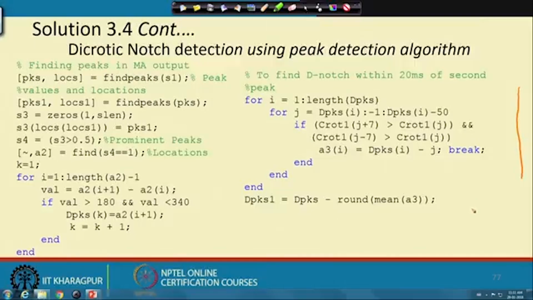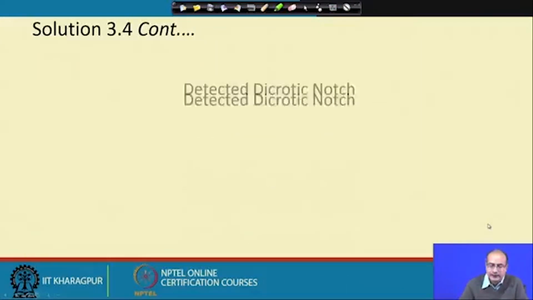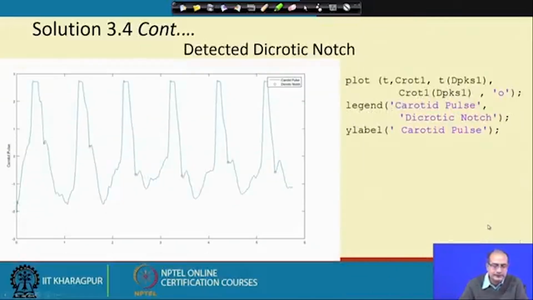So, we are trying to find out the point such that on both sides there are at least 7 points actually above that point. So, that way we would get not a local peak, but a prominent one. Okay. So, that is how the peak we get, and then once we have the carotid pulse detected, we mark that here in this plot.